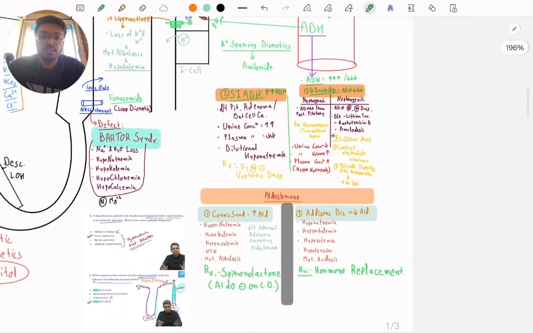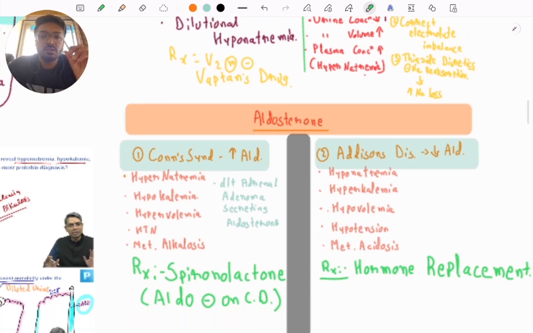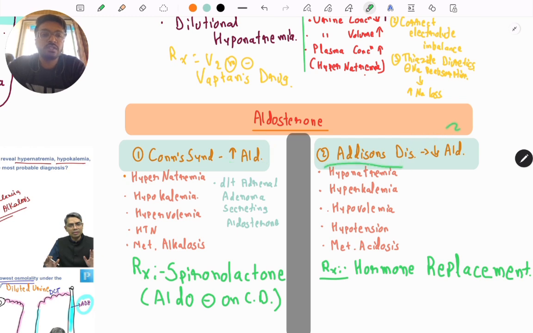So let's start with that. For this, we have two conditions. One is Conn syndrome, where aldosterone concentration is going to be too high, and another is Addison's disease, where aldosterone concentration is going to be decreased too much. Now what aldosterone does is it will take back sodium and water.